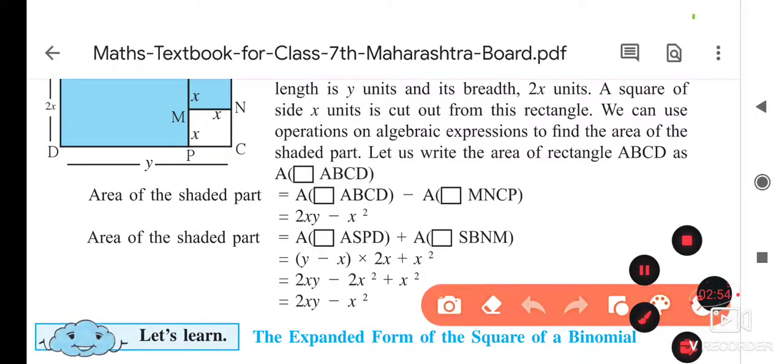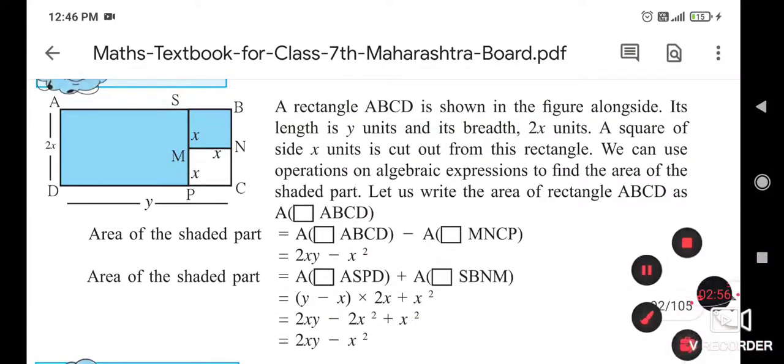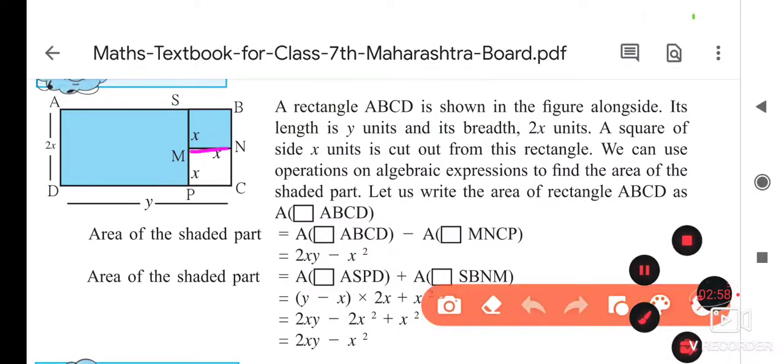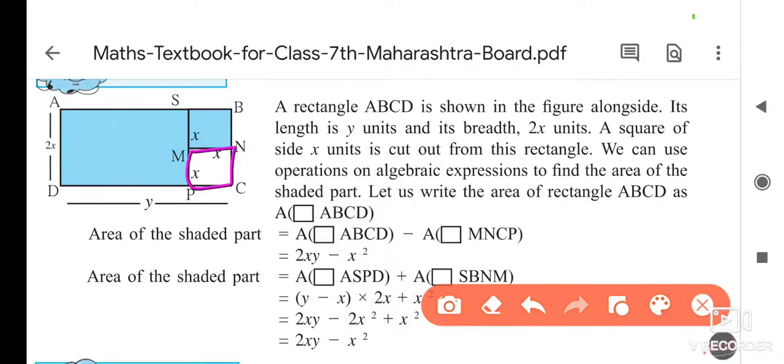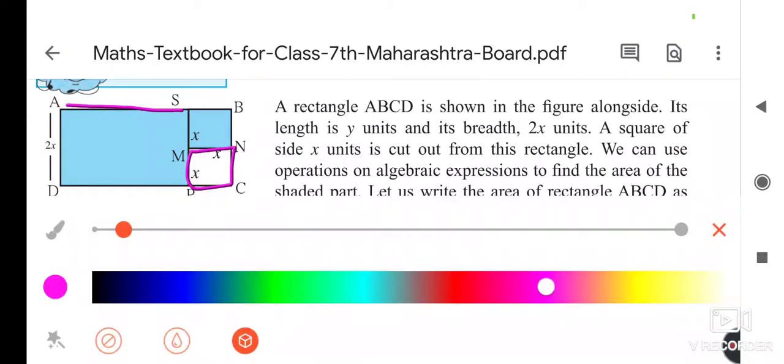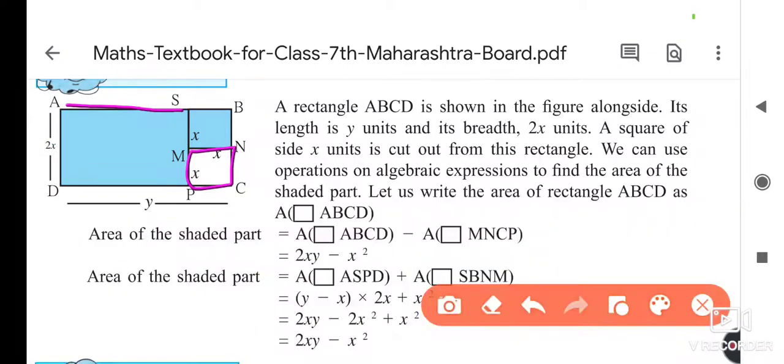If you see here, you will notice that when we cut the MNCP part, the remaining part is the rectangle ASPDA, and with this the square SBNM is left.